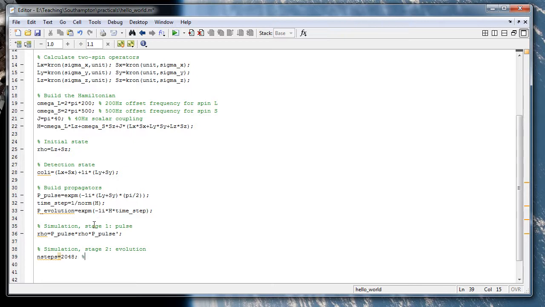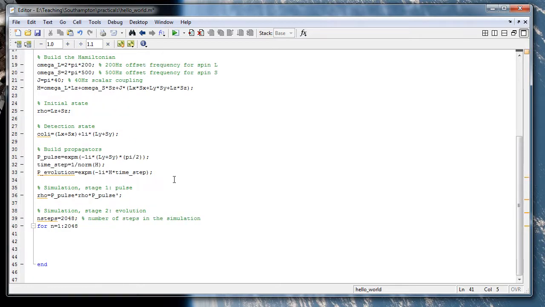So that will be the number of steps in the simulation. So for loop n equals 1 to 2048. We have to detect the very first point, so detection comes first.